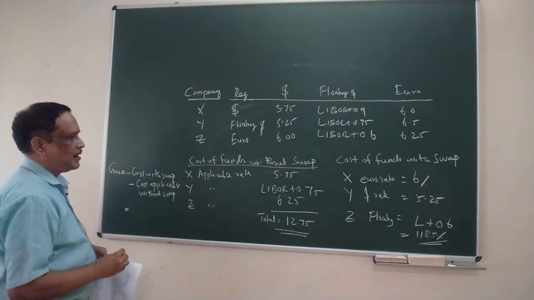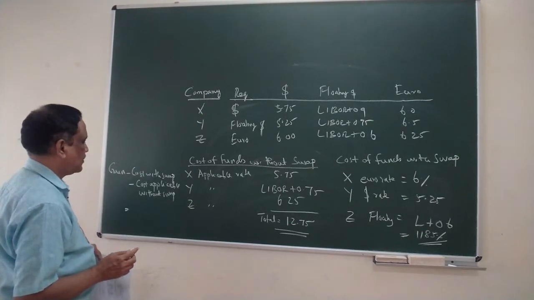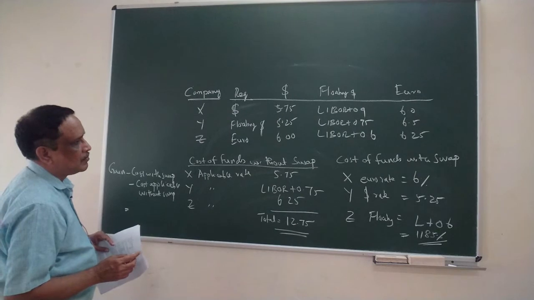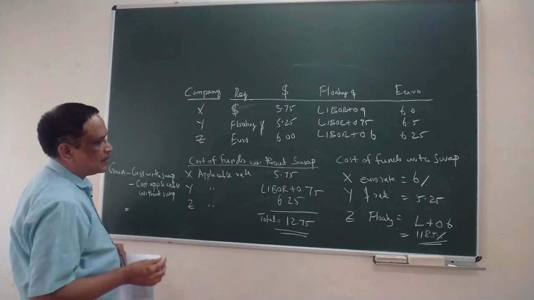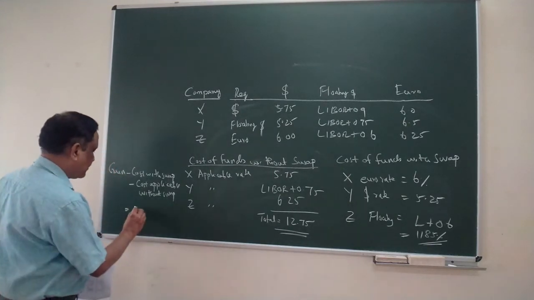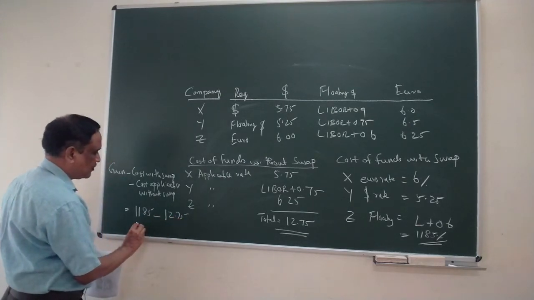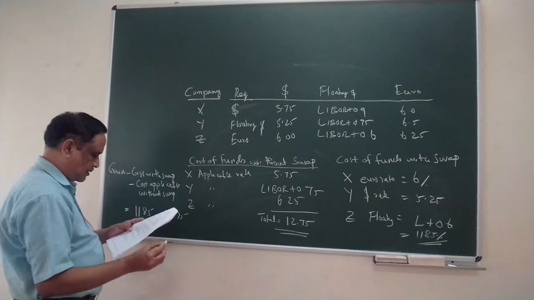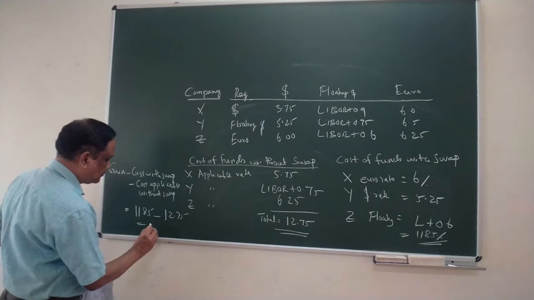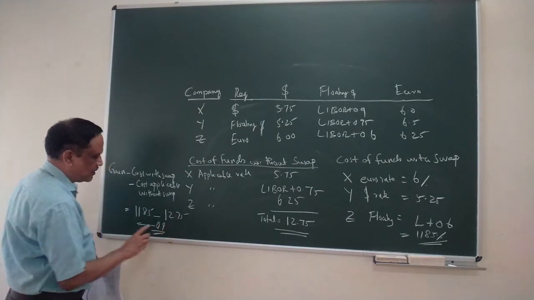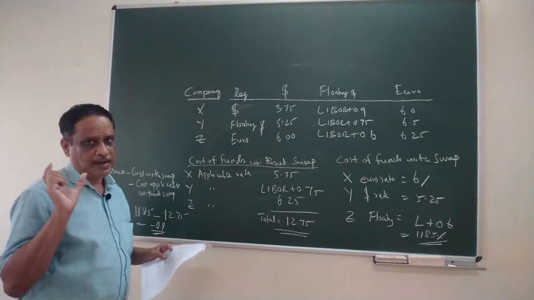This will be 11.85 minus 12.75. The gain is 0.9. Either it is minus or plus, the gain is the gain. So you have a gain of 0.9.